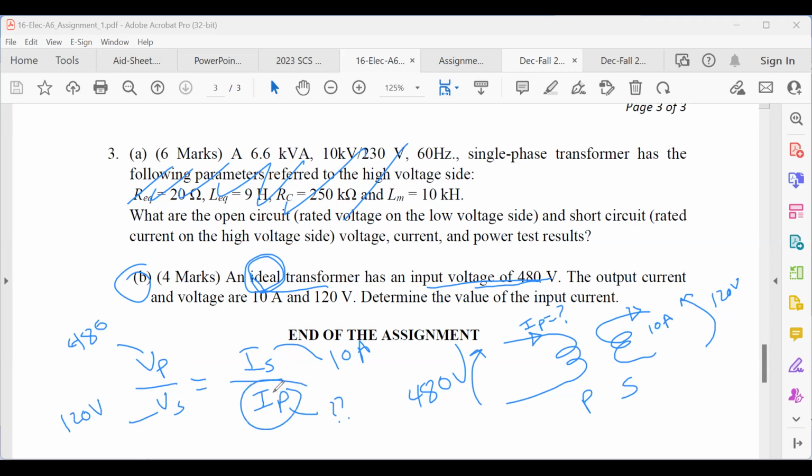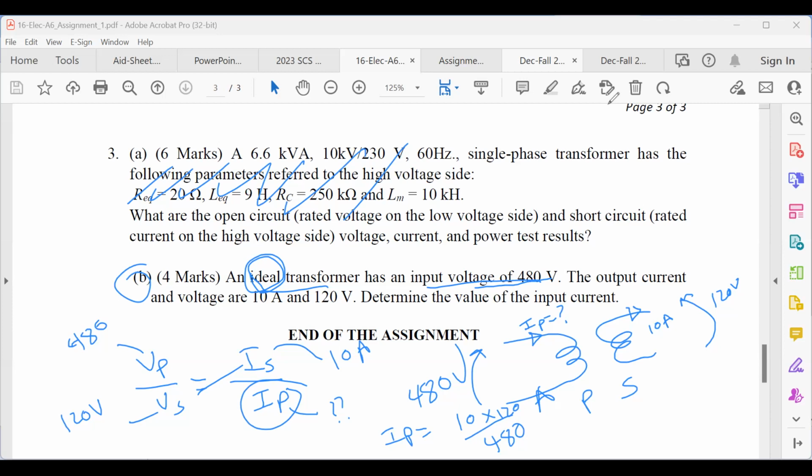Yes. So I primary equals 10 times 120 over 480 amps. That's it. I believe it's straightforward.